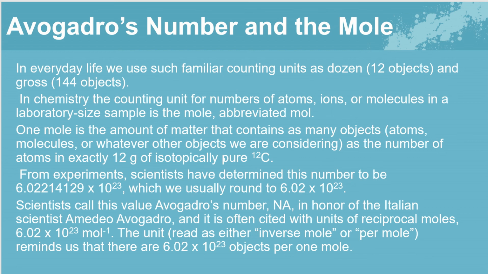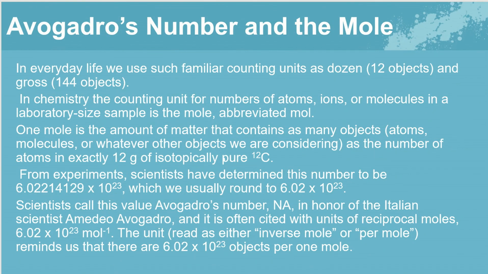So in chemistry, the counting unit for numbers of atoms, ions, or molecules in a laboratory sized sample is a mole, and it's abbreviated MOL, which we saw previously, right? So we need to know that we abbreviate mole as MOL.